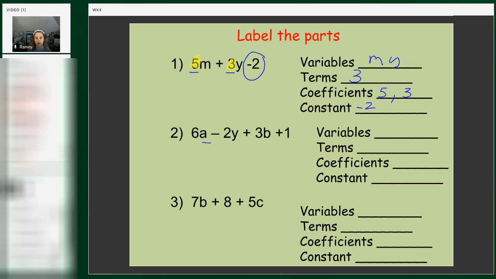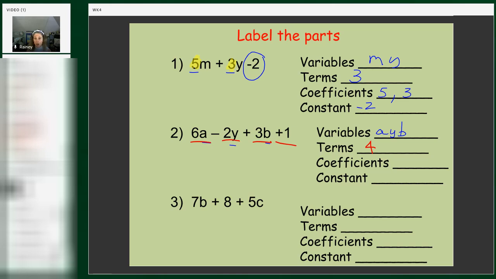Good. Awesome. Okay, next up, number 2. What are my variables? I've got a couple this time. A, Y, and B. Good. We're doing the variables. Variables are the letters. Now, how many terms are there? 1, 2, 3, 4. 4 terms.